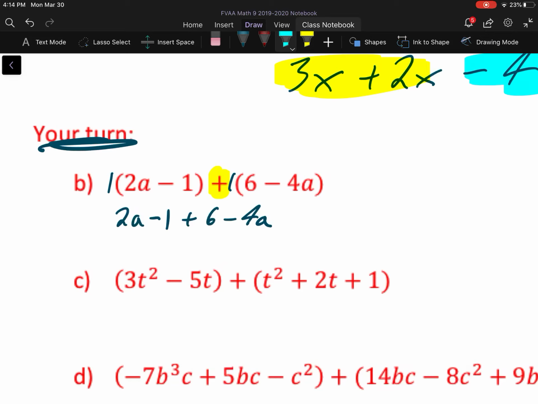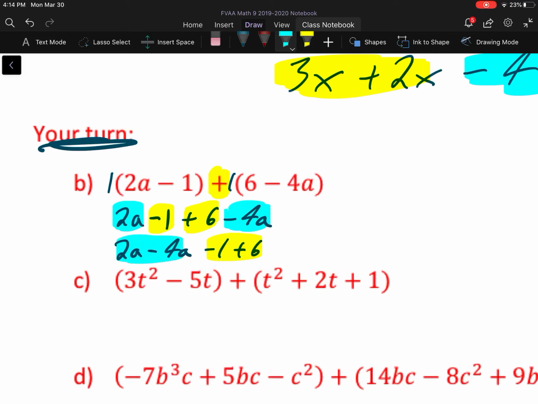I can see that I have 2a and minus 4a, so 2a minus 4a, and then I have negative 1 plus 6. I'm going to group them together. You don't have to do this step of moving them next to each other.